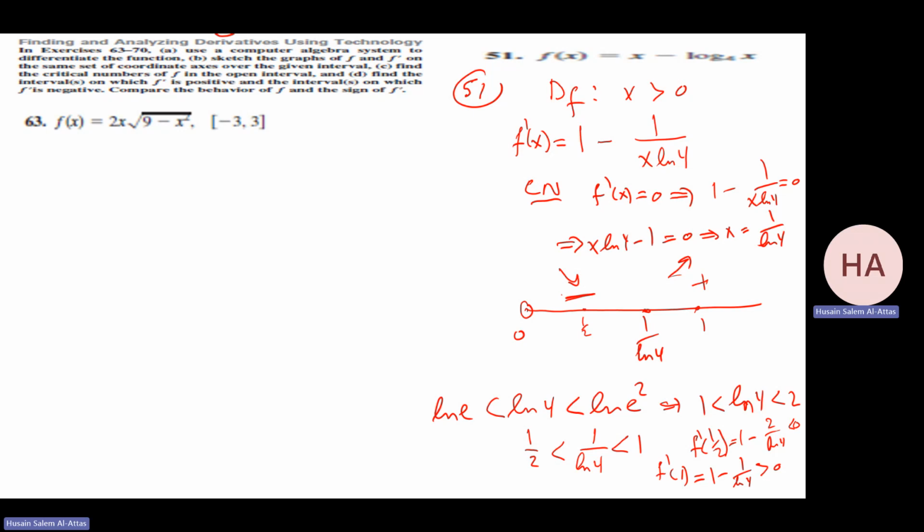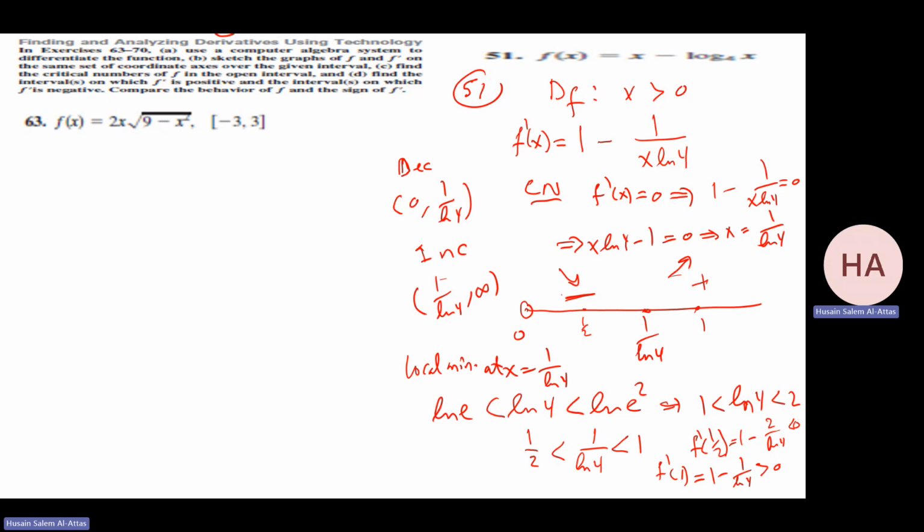So it means the function is decreasing from 0 to 1 over ln 4, and increasing from 1 over ln 4 to infinity. And they have a local minimum at x equal 1 over ln 4.